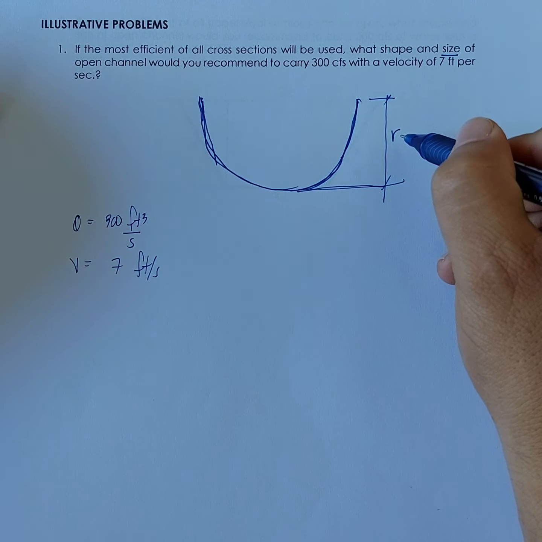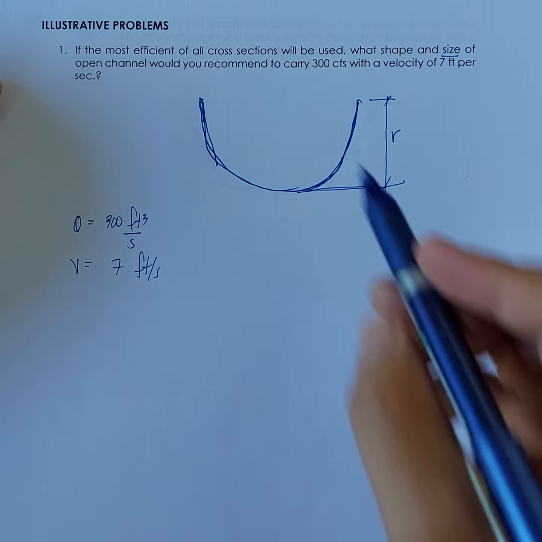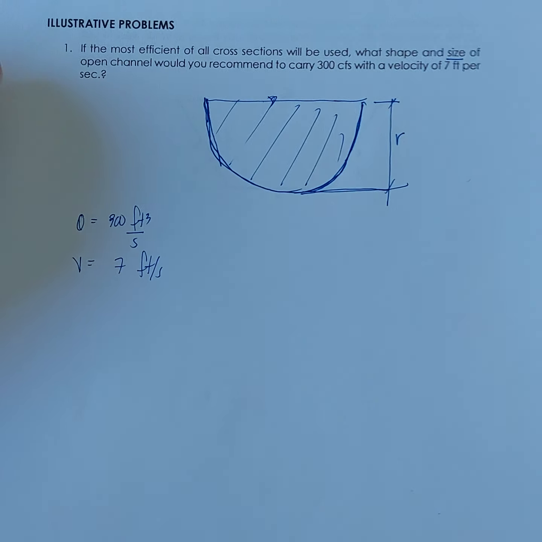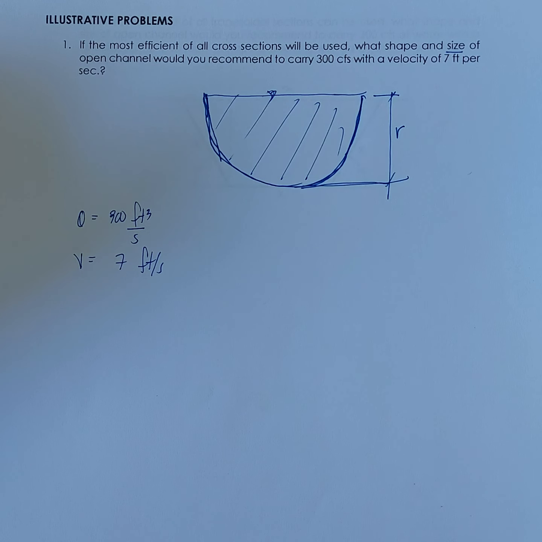If we are to solve for the radius, then we need to solve for the area of flow. Even if you want to solve for the diameter, you still have to solve for the area of the semicircle.